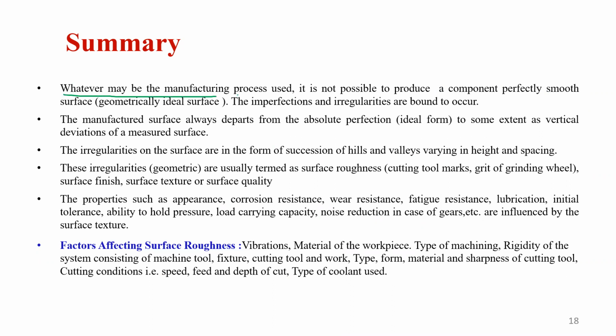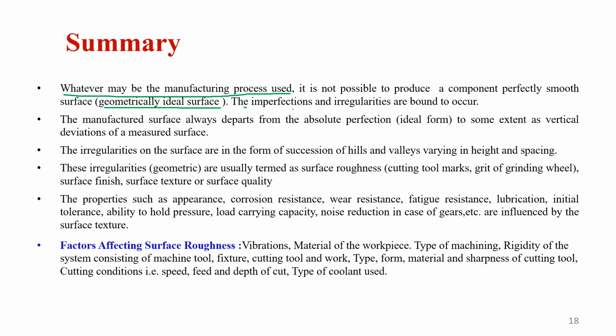Whatever the manufacturing process used, primary or secondary, it is not possible to produce a component with a perfectly smooth surface, that is a geometrically ideal surface. Imperfections and irregularities are always present.